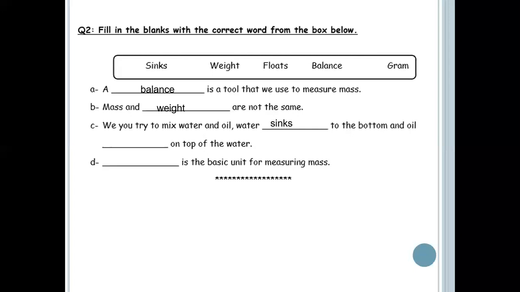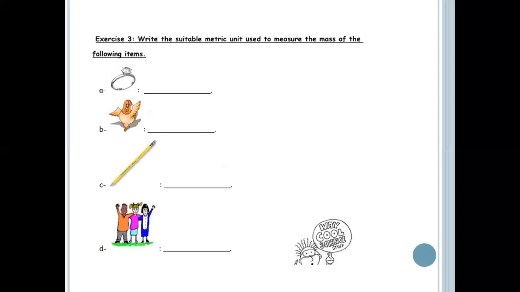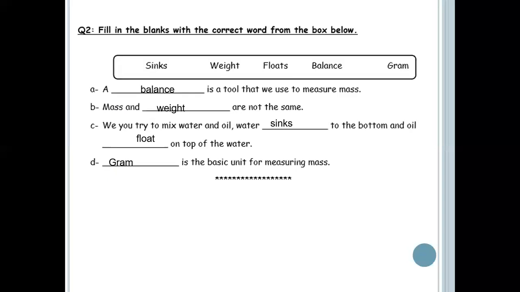Water sinks to the bottom, but oil floats on the top of water. D. Gram is a basic unit for measuring mass. Please write them.